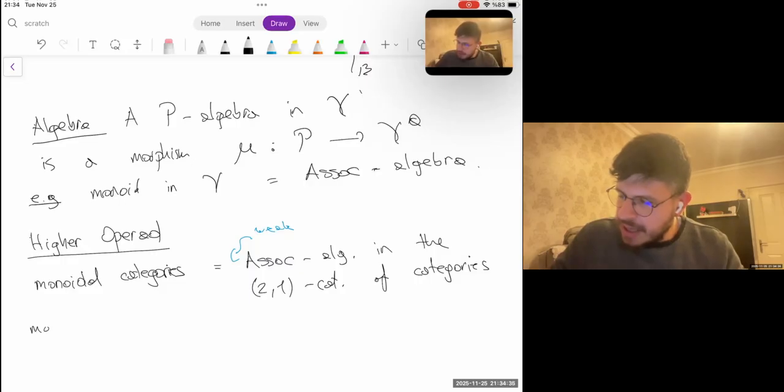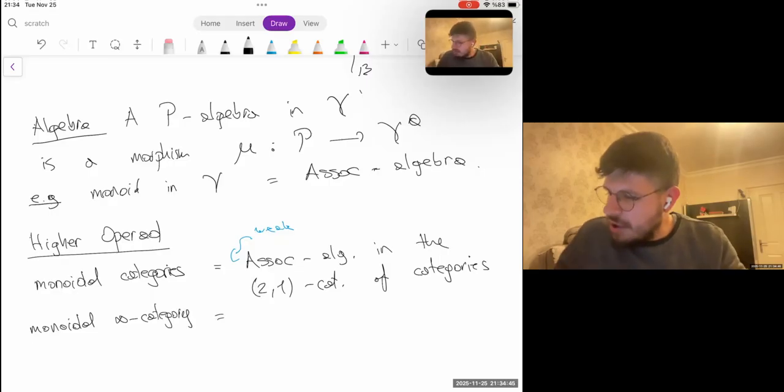And if you want to talk about, say, monoidal infinity categories, suppose you want to do that for some reason, you want to say this is an associative algebra in the infinity category of infinity categories.